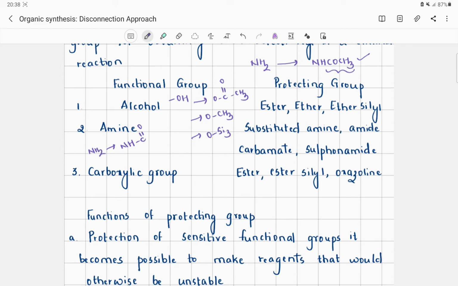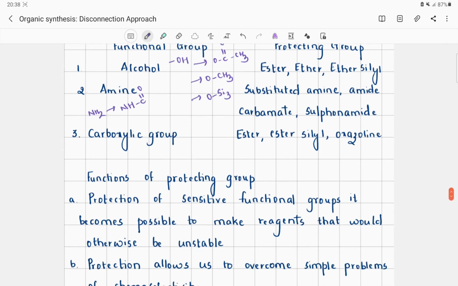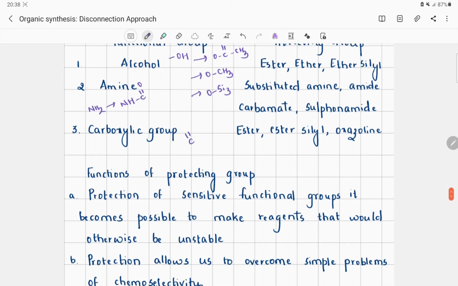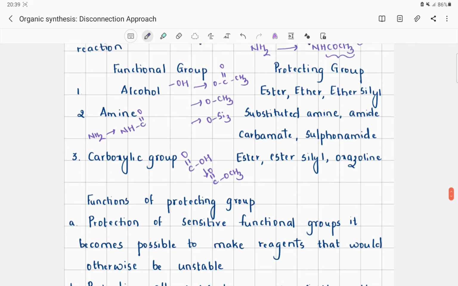A carboxylic group can be converted to an ester system, or a silyl ester system, that means introduction of a silyl group, or it can be converted to an oxazoline system. So these are some of the functional groups and the respective protecting groups.